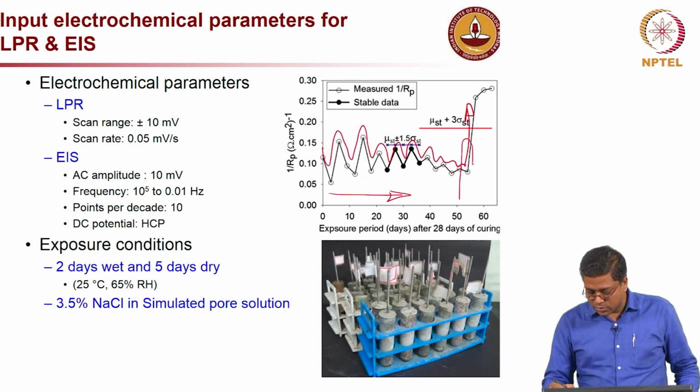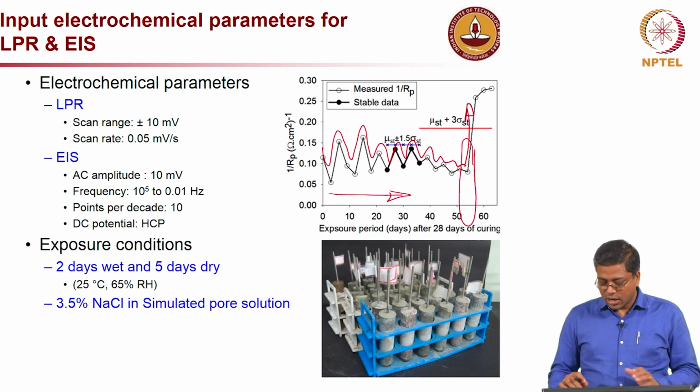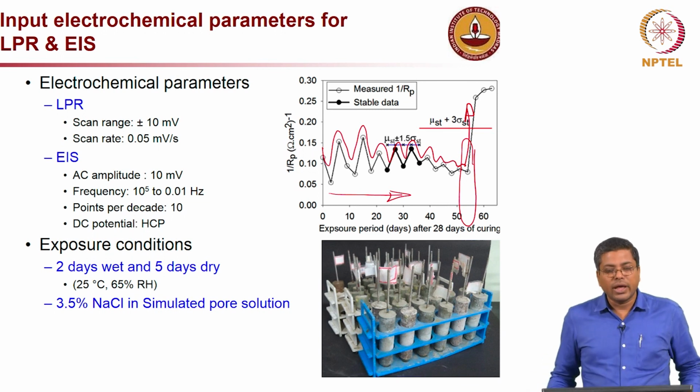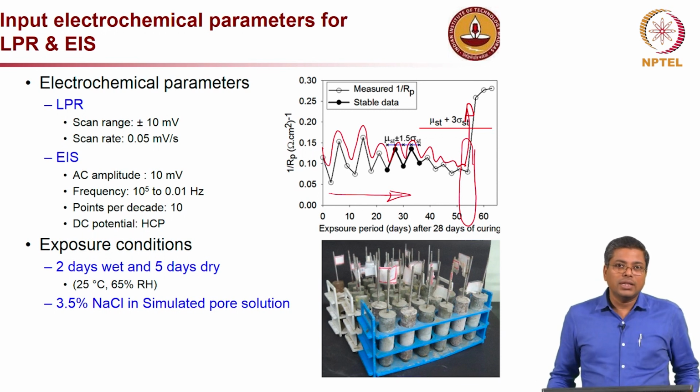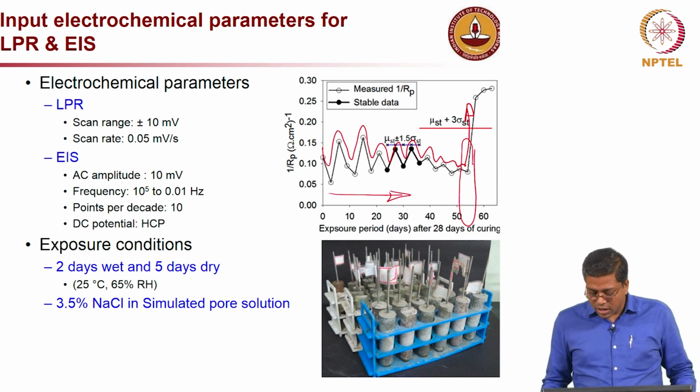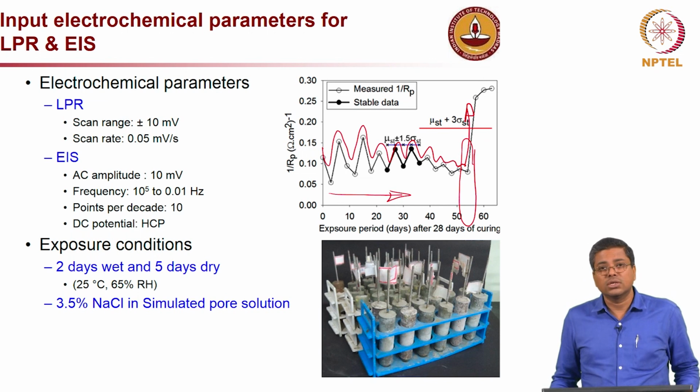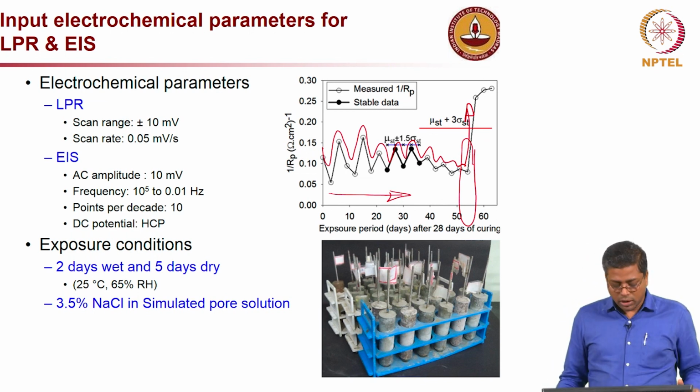So, we can say at this point corrosion initiated. Then you open or break the specimen and see the amount of chloride at the steel concrete interface by doing a chemical test, and that particular chloride concentration is defined as the chloride threshold.